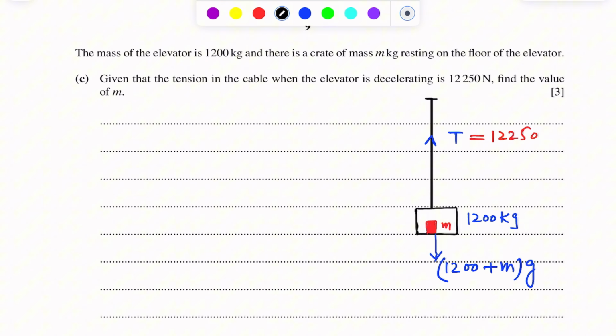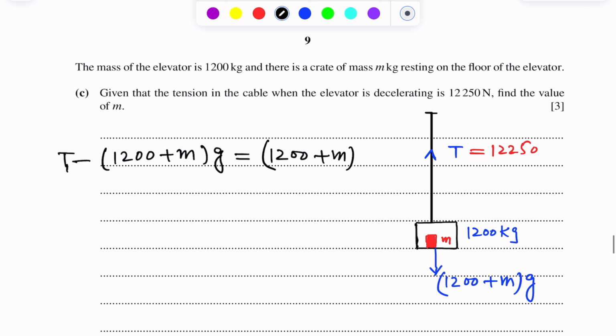Using Newton's second law of motion, T minus weight, 1200 plus m into g, is equal to ma. M is 1200 plus m into a.